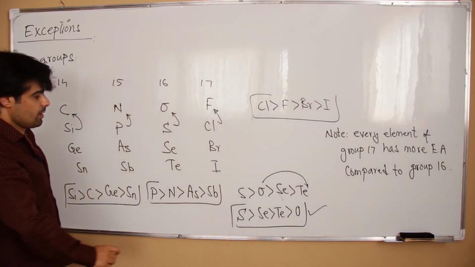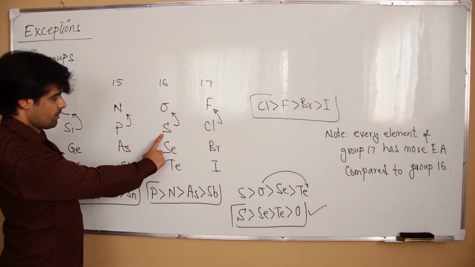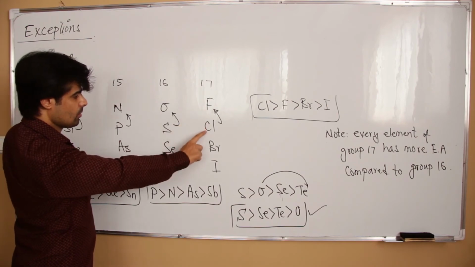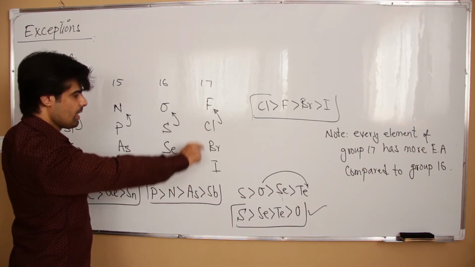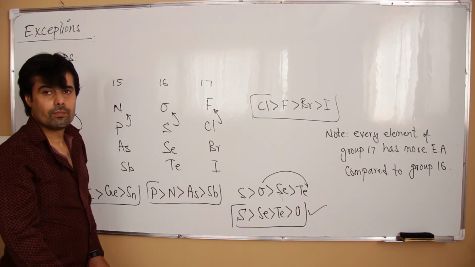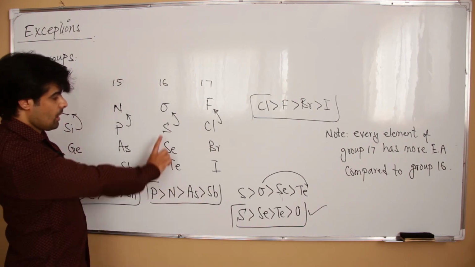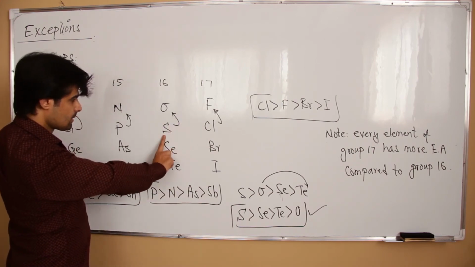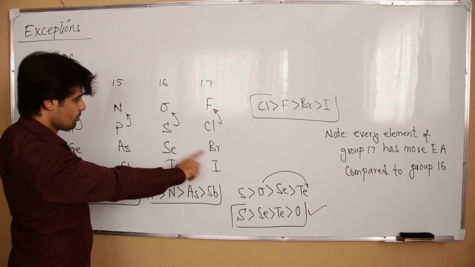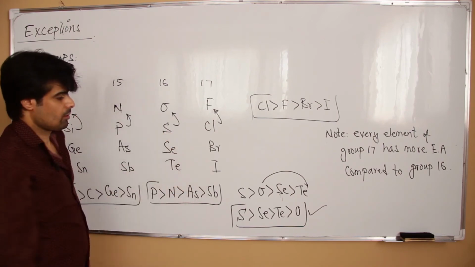If you compare sulfur, it is less than fluorine, chlorine, bromine, and iodine. I mean it is less than fluorine, it is less than chlorine, it is less than bromine, and it is less than iodine.